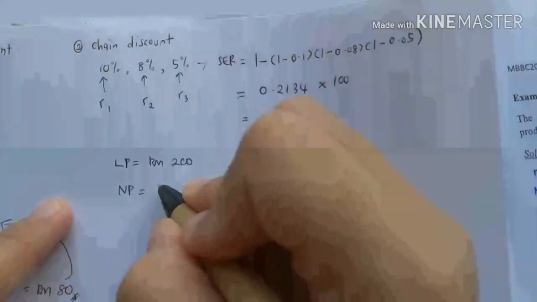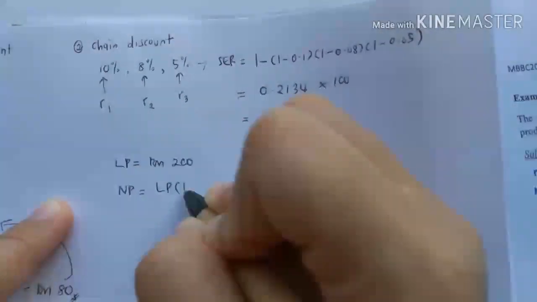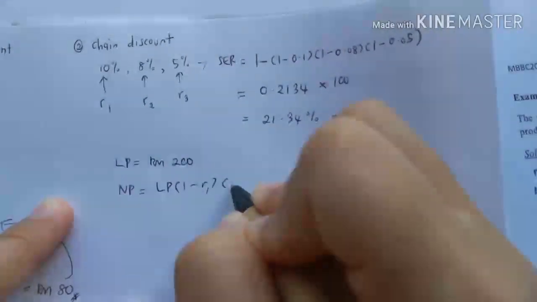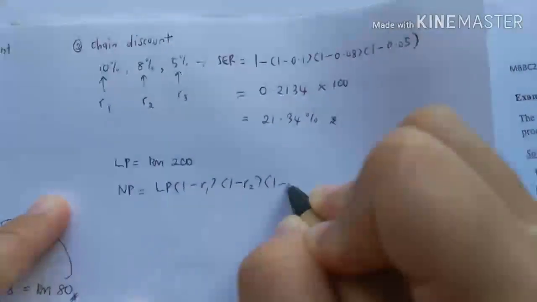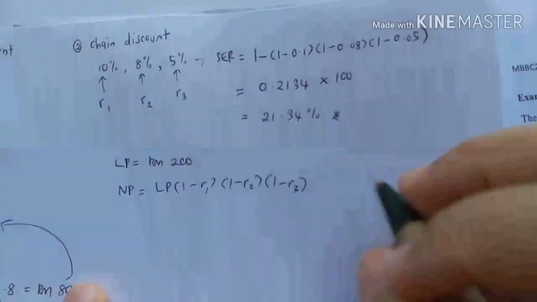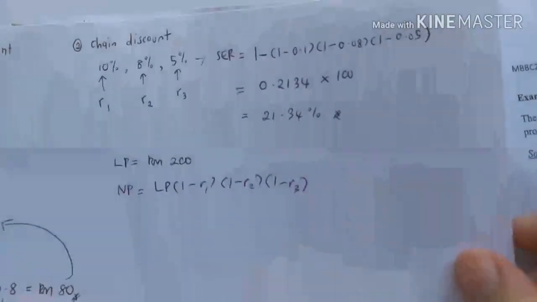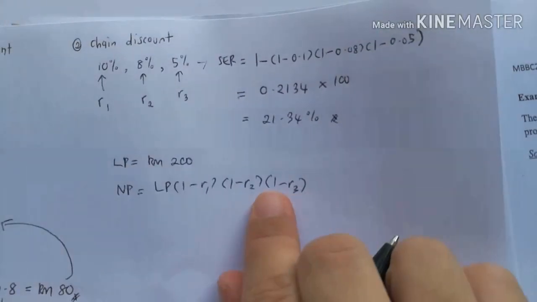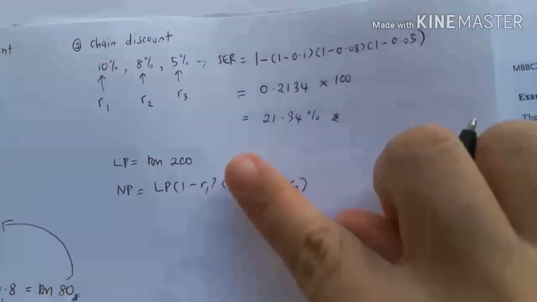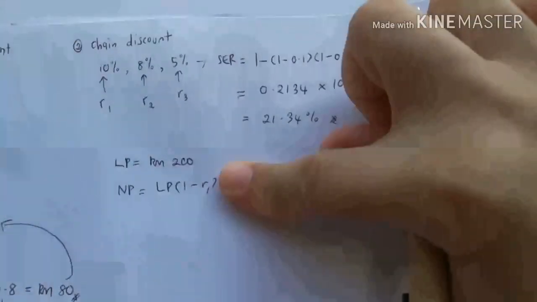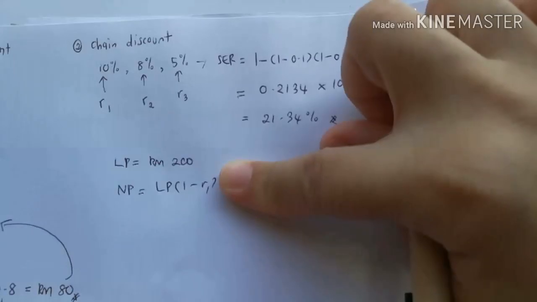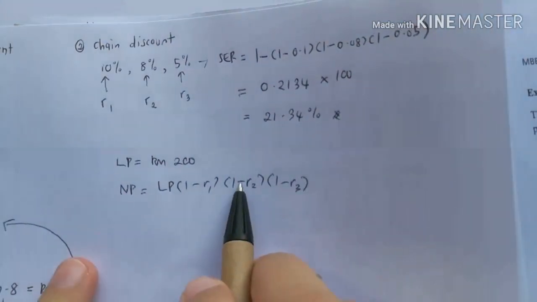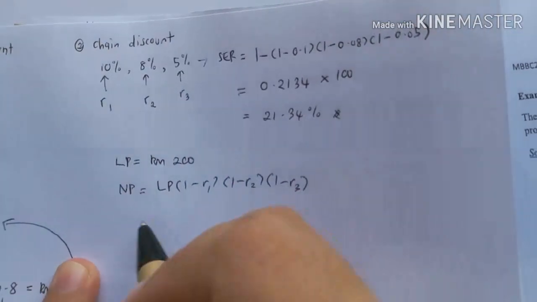NP equals LP times 1 minus R1 times 1 minus R2 times 1 minus R3. So this is basically similar to the single discount, except that for the single discount, you just have to stop at 1 minus R, because for single discount, you only have one discount rate offered. But for the chain discount, we have more than one rate offered.